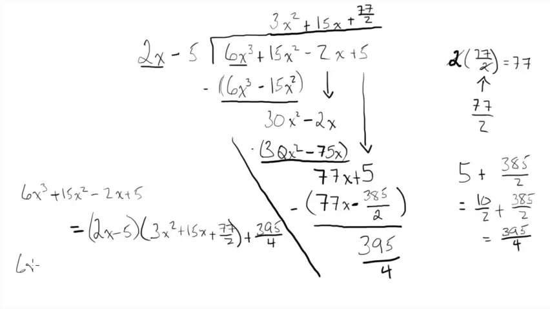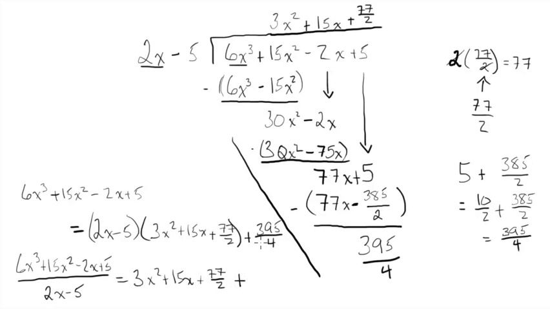So 6x cubed plus 15x squared minus 2x plus 5 all over 2x minus 5 is equal to just your quotient, 3x squared plus 15x plus 77 over 2, plus the remainder, 395 over 2, divided by your divisor, which is 2x minus 5.